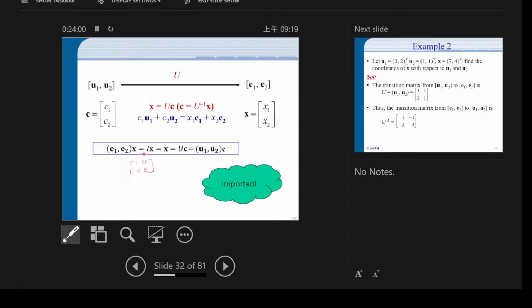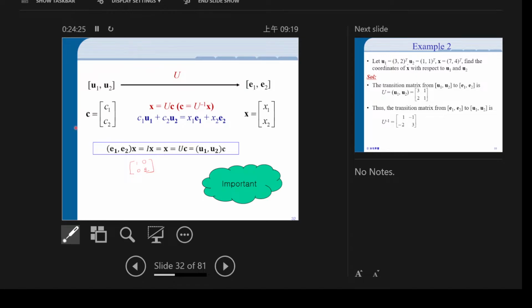And I like this interpretation a little more because it's symmetric with respect to U and E. So you have this identity matrix being the matrix for the standard basis, and this U matrix being the matrix for the U vectors. Okay. So Ix equals UC, and that means X equals UC.